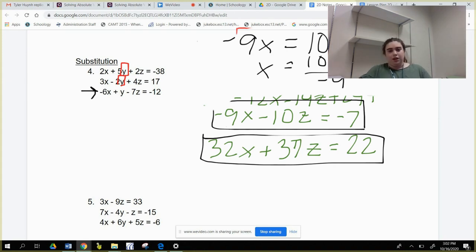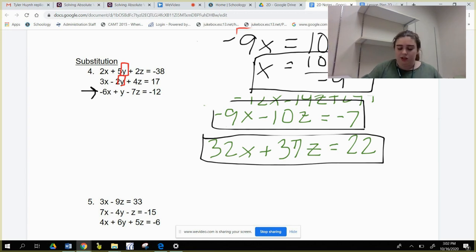So that is that equation solved for x. I'll box that in so we have that information. Then we're going to plug that into the second equation and solve for z.